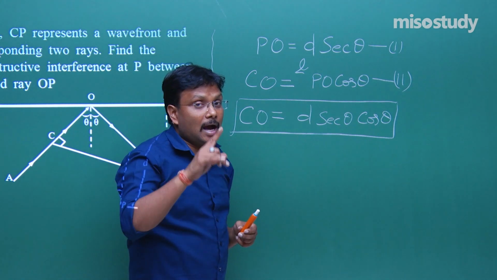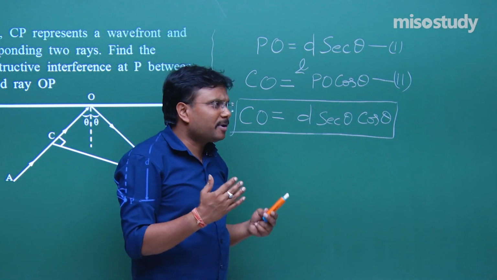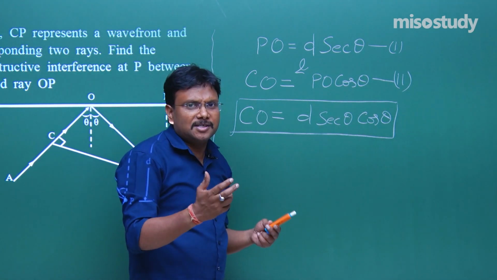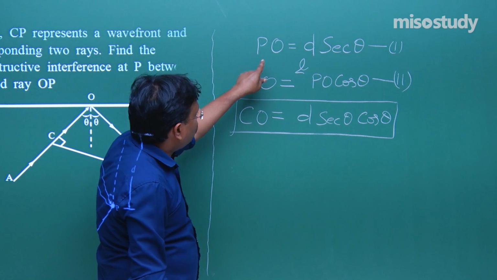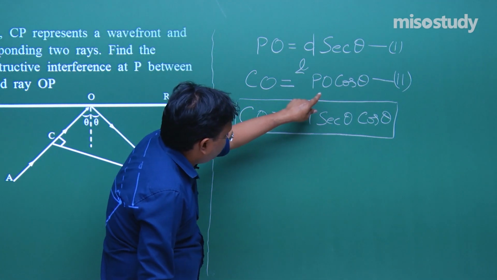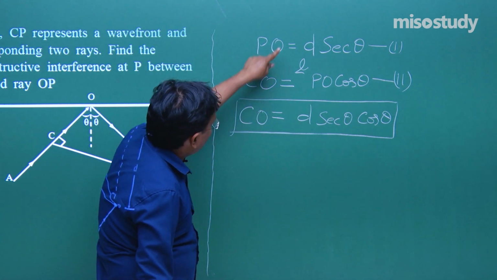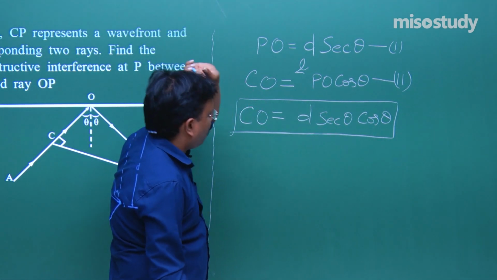Now gradually I am moving towards, I will not say difficult, but slightly different questions. So PO is equal to d sec theta, CO is equal to PO cos theta, using 1, CO is equal to d sec theta cos theta.